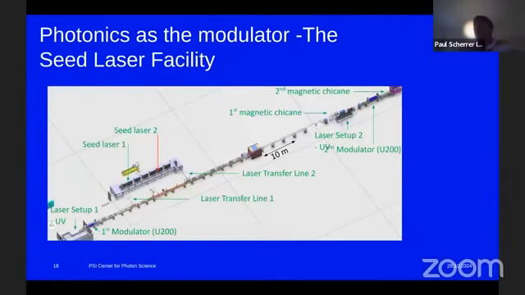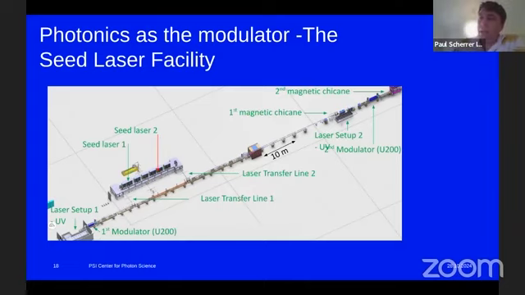The second new application of lasers and photonic systems on the electron bunch is that we can use an external laser field to modulate the electron bunch itself to make the FEL more laser-like.